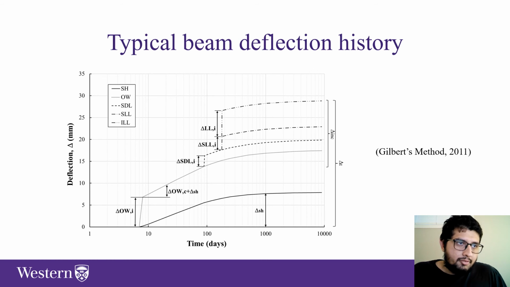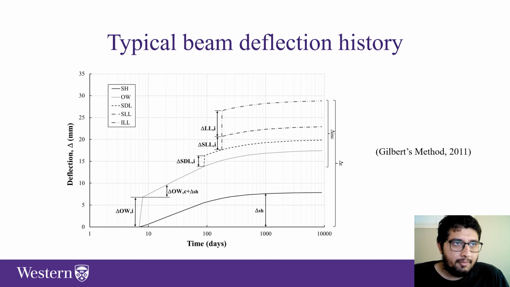We also have the instantaneous and creep deflections due to own weight, which is labeled delta OW. We have creep and instantaneous deflections due to superimposed dead load, labeled delta SDL.